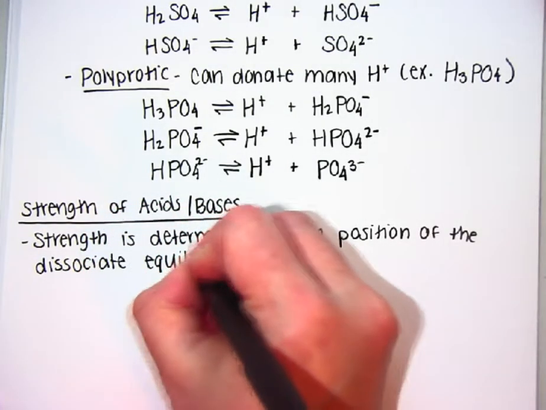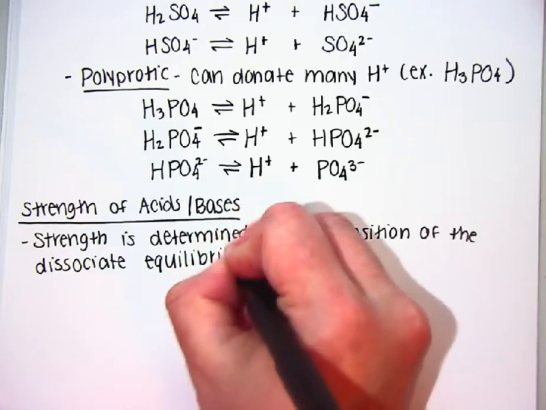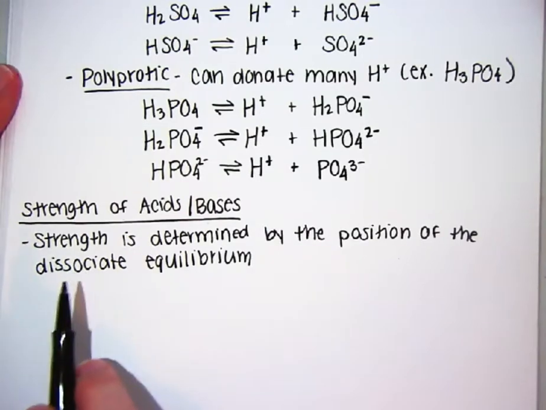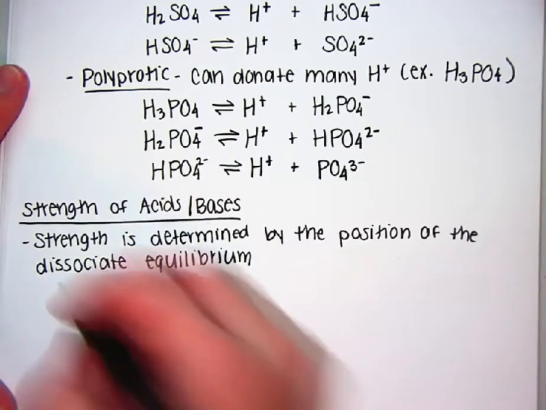So we're going to be looking at equilibrium constants, Ka for acids, Kb for bases. And their strength depends on their dissociation.